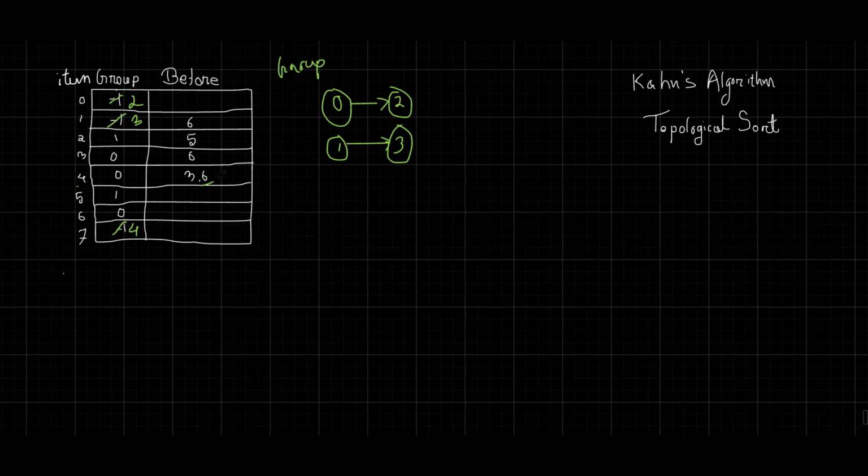For this 6, what is the group? It is connected to 0. So the group of 6 is 0 and group of 0 is 2. So there is a connection between 0 and 2. It is already presented. Now we have finished all of the group, but there are 4 groups basically.